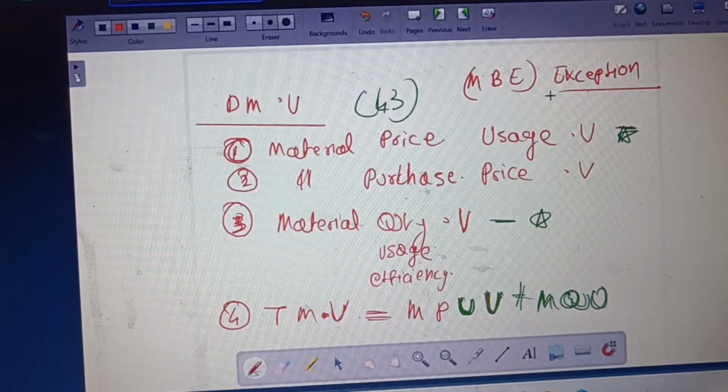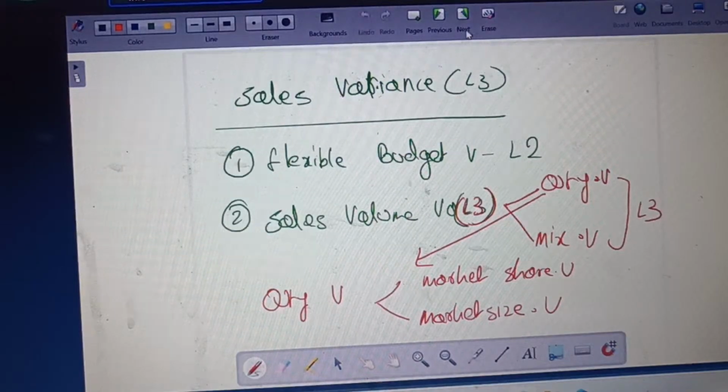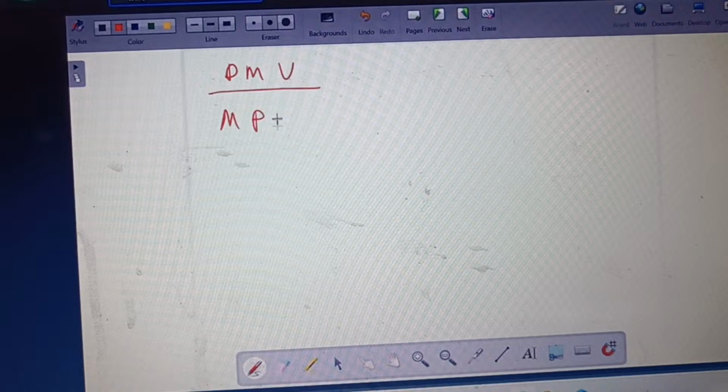Let's get on with the questions, and I'll explain the formula. For direct material variance, we are using the material purchase usage variance.